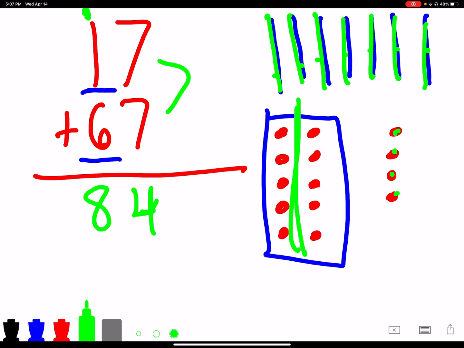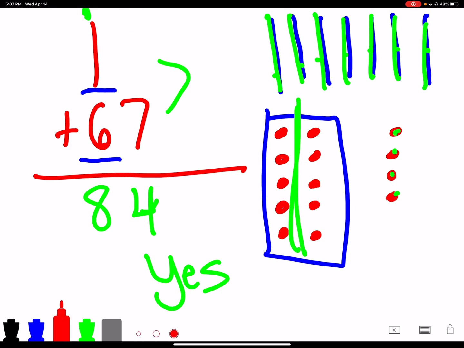And in this example, you would be able to make a 10, because if you're going to make a 10, you're going to do addition in your ones place. So 7 and 7 equals 14, which is above 10. But if instead of the number 17, we have the number 12, 2 plus 7 is 9, so that would not make 10. So we would not have enough ones to make 10 like we did in our previous example.